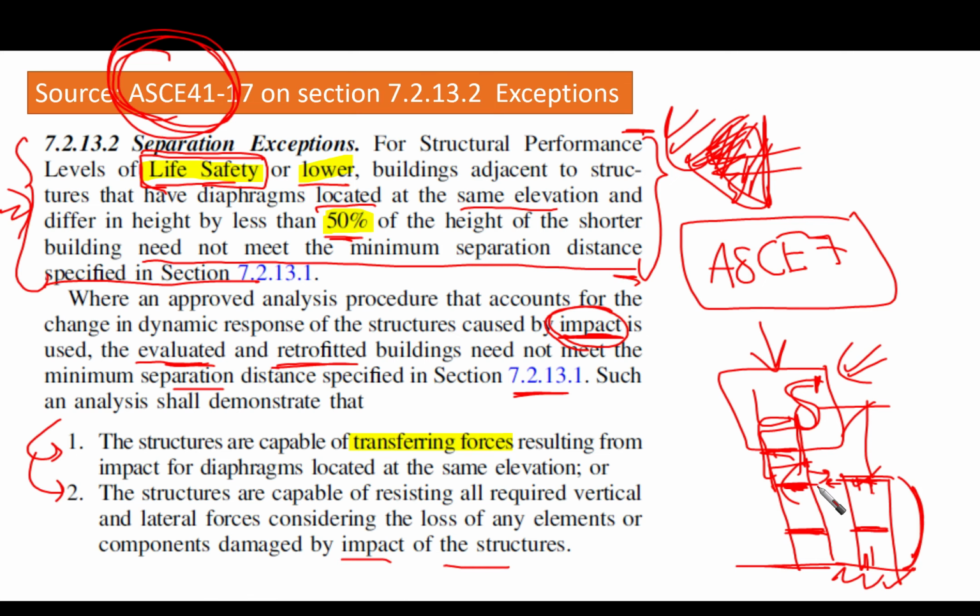If there is impact and there are some elements that are going to be damaged based on your analysis, and you find that it will not make a great failure or it will not make a mechanism, for example, then it is okay for you. So again, this is really important to be given by an expert engineer.